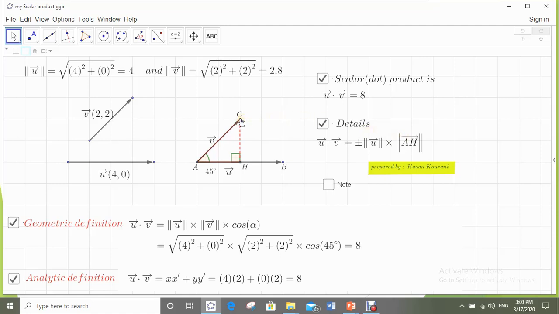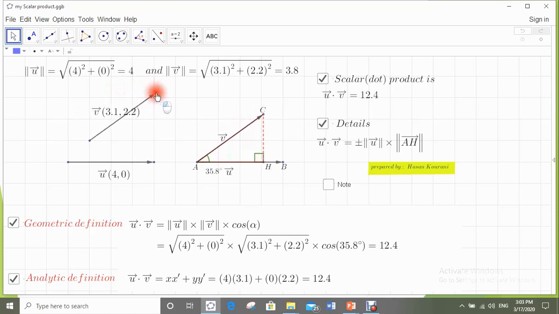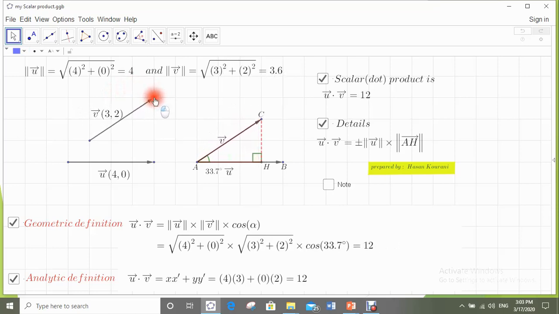What is AH? If you look at this figure, you can easily notice that H is the orthogonal projection of C on this line, and the orthogonal projection of the whole vector AC is in fact AH. Let me change the position of V to see this orthogonal projection. Look at AH.